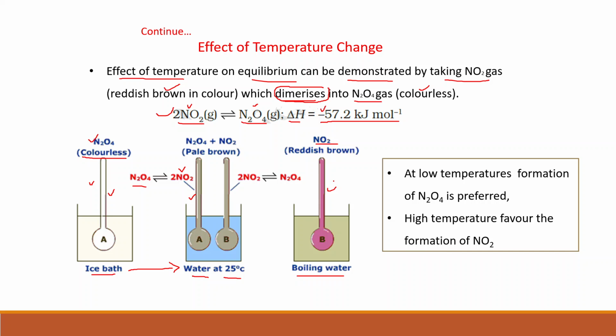In the other flask, the reddish brown color decreases, because when temperature decreases, NO2 converts into N2O4. After some time, we get constant color in both flasks. This also explains that equilibrium can be achieved from either side, from the NO2 side or from the N2O4 side. Is it clear? At low temperatures, formation of N2O4 is preferred, and high temperature favors the formation of NO2.